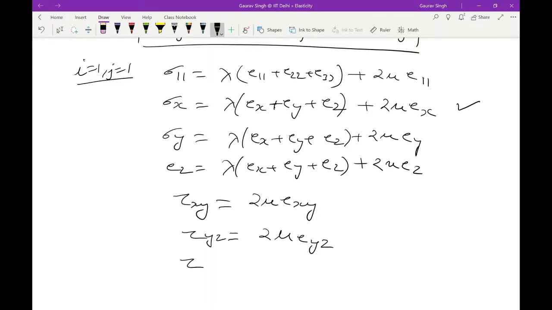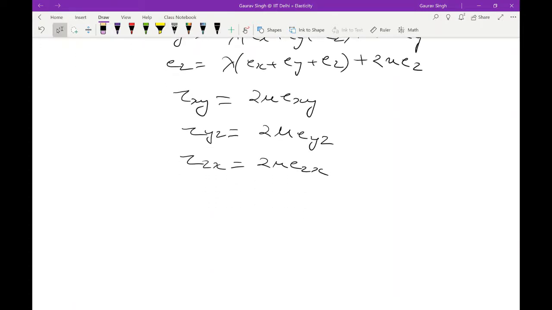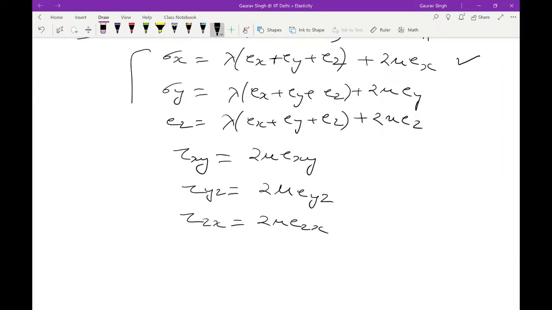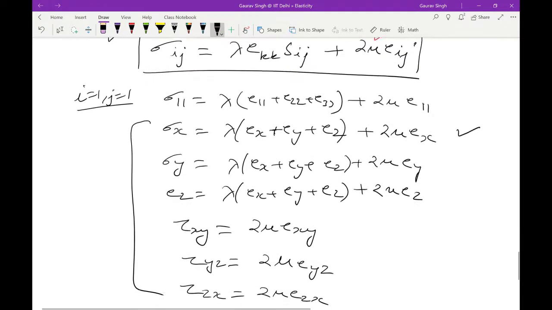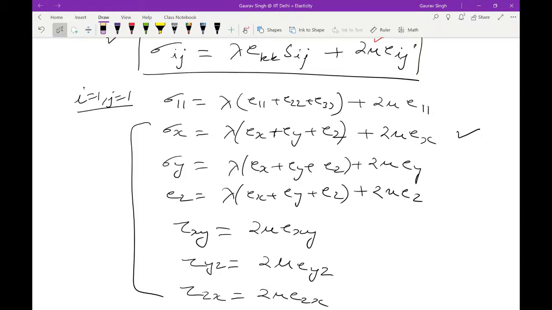And tau. Okay, so this is called the generalized Hooke's law, either this expanded form or this shorthand form. These are called the generalized Hooke's law for a linear elastic isotropic material.